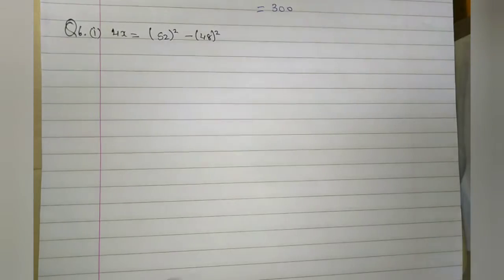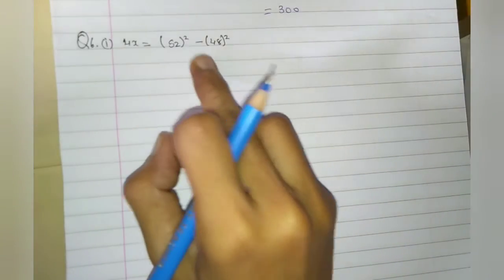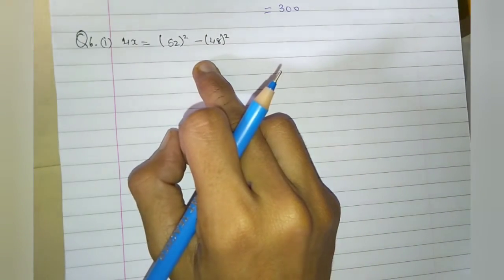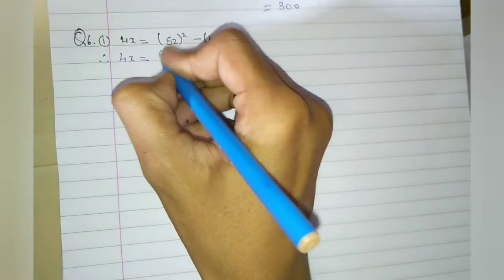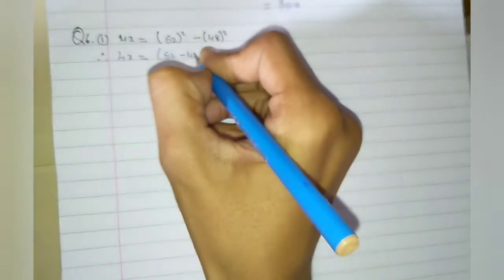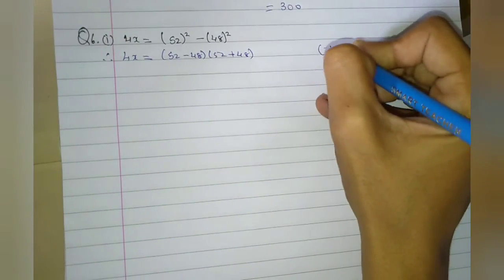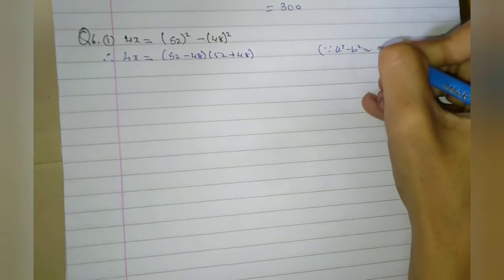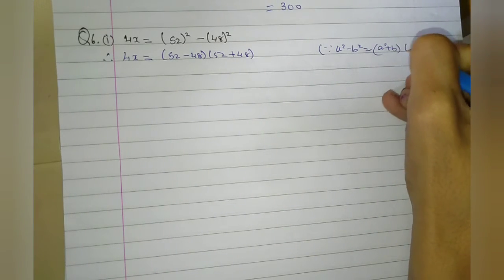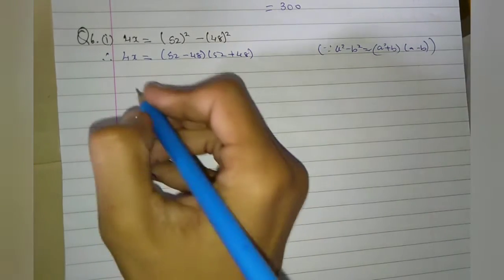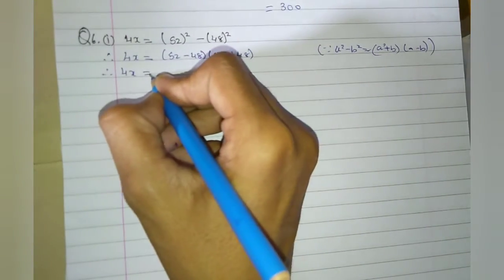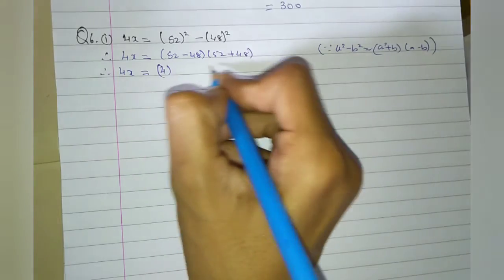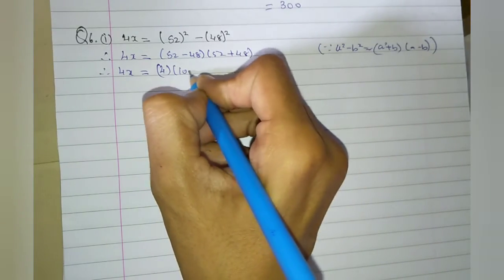So 4x equal to 52 minus 48 and 52 plus 48. Therefore 4x equal to 4, since 52 minus 48 is 4, and 52 plus 48 is 100.